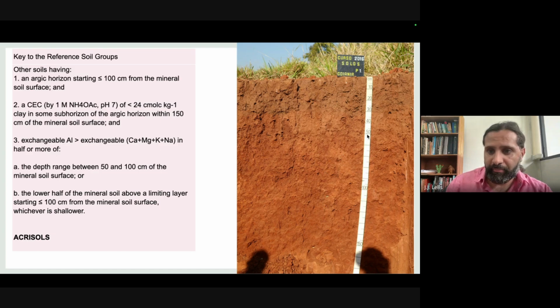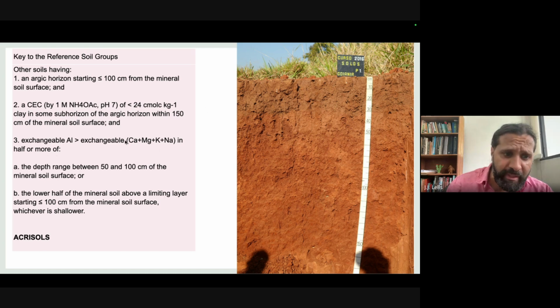So in this section between 50 and 100, or in one of these parts of dominance between 0 and 100 centimeters. Okay, but at least half of this.